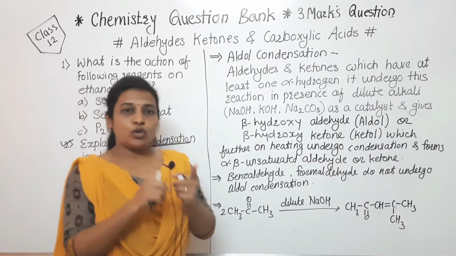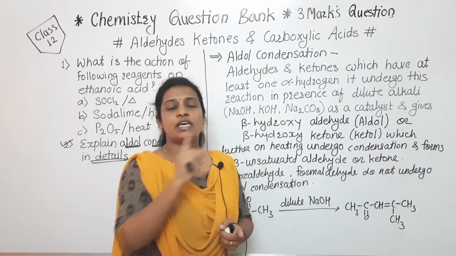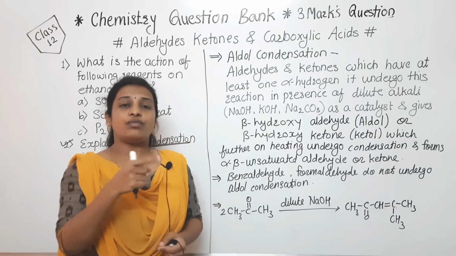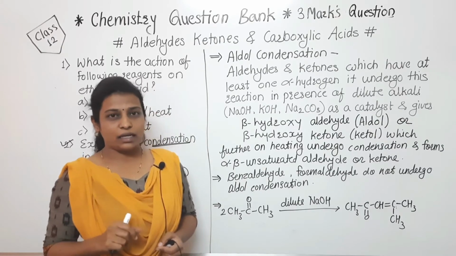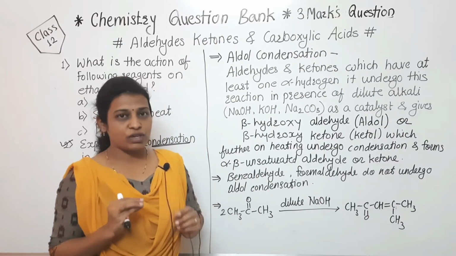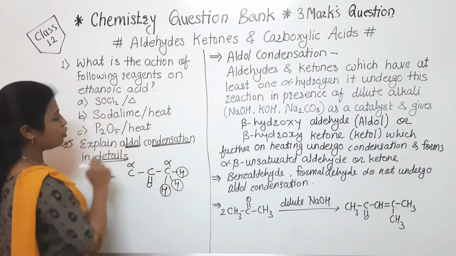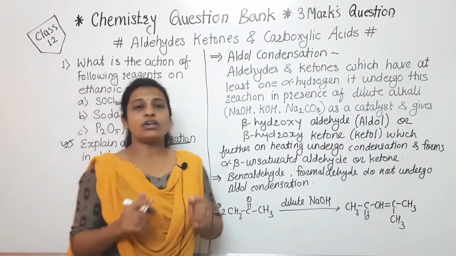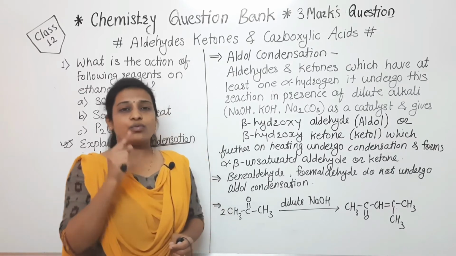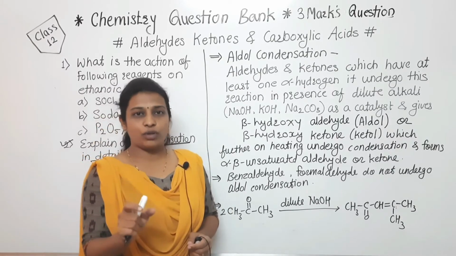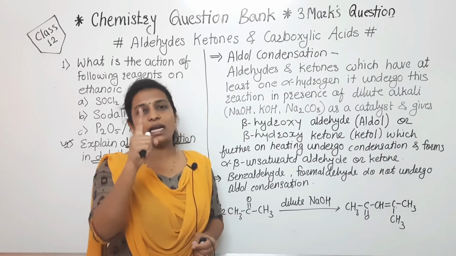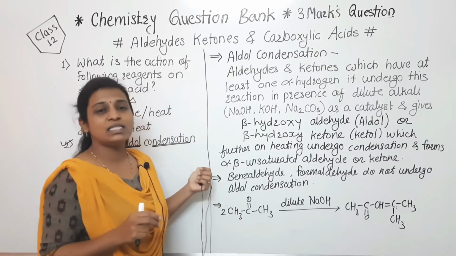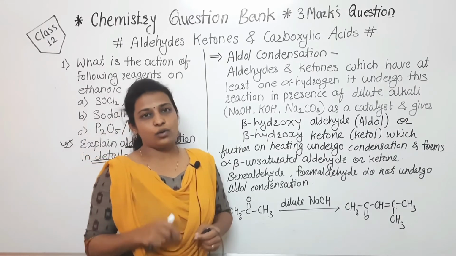So if there is no alpha hydrogen, it undergoes Cannizzaro's reaction, and for that we have to use concentrated alkali. Distinguishing points also we are going to discuss. What about this aldol condensation? For aldol condensation, the important conditions are: we require aldehydes or ketones which contain at least one alpha hydrogen, and second, for this reaction we have to use dilute alkali.